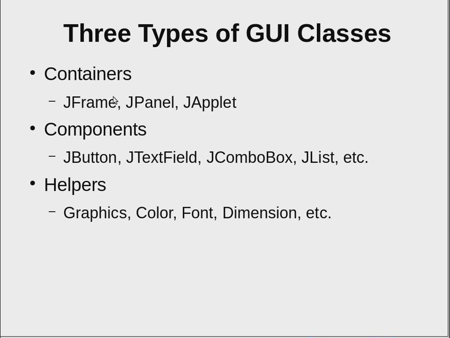And the main object which contains everything else is JFrame, and JFrame is like a window together with title bar, with these buttons and with a resizable border if it has one. And then JPanel is a part inside this JFrame, like let's say what you see here in this presentation.